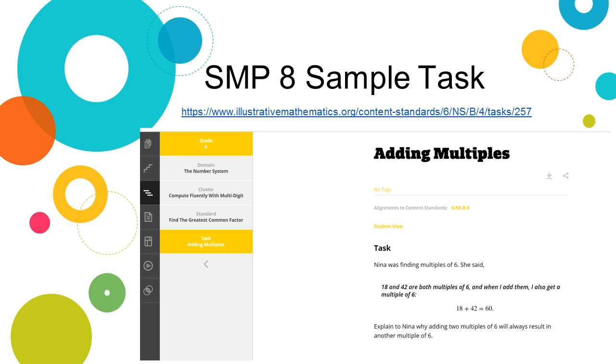And you can see Nina was finding multiples of 6. She said 18 and 42 are both multiples of 6. And when I add them, I also get a multiple of 6. Explain to Nina why adding 2 multiples of 6 will result in another multiple of 6.